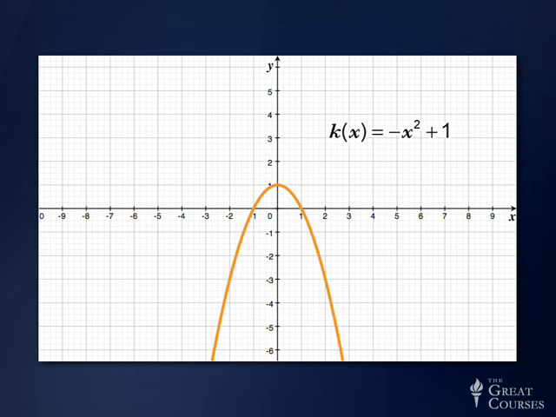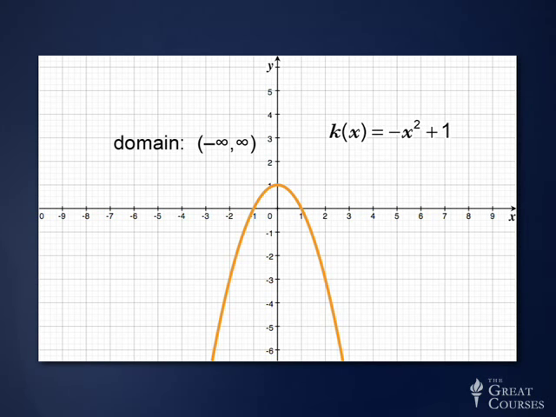Now, I want you to think about domain and range for this function. What is the domain of negative x squared plus 1? Well, I'm allowed to plug anything in still that I want in for x, so the domain is still the interval from minus infinity to infinity. But look at the range now. Where will the values of this function go in the y direction?